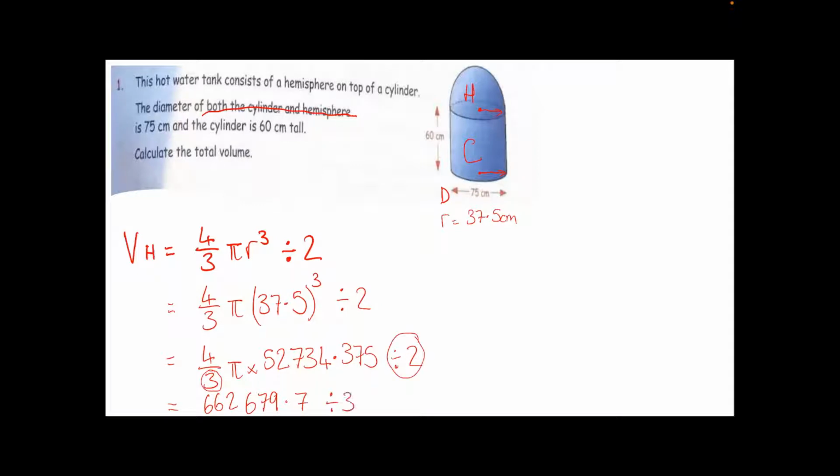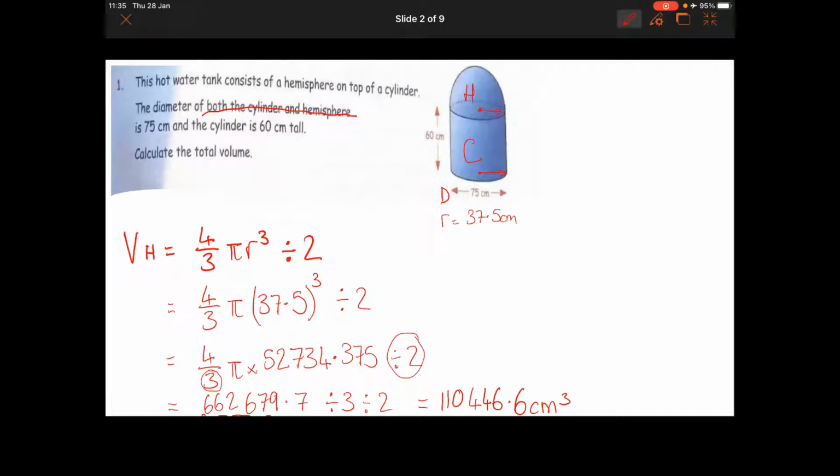So we're going to divide by 3, divide by 2. I've ran out of space, so I'm just going to go along to the side. Again, I don't need to clear my calculator if I've still got my big long number, the 662,000. Just keep that and hit divide by 3 equals divide by 2 equals, and I get 110,446.6 centimetres cubed.